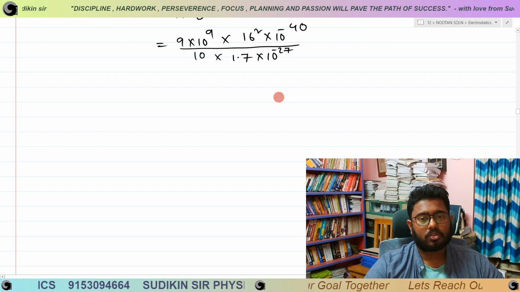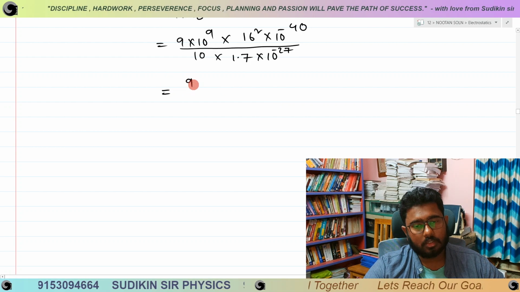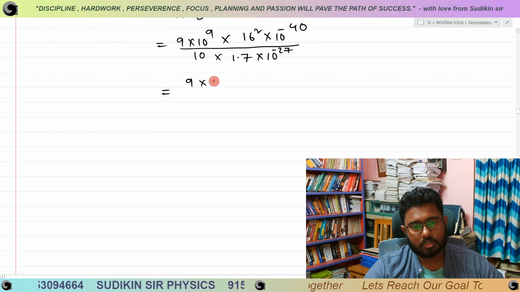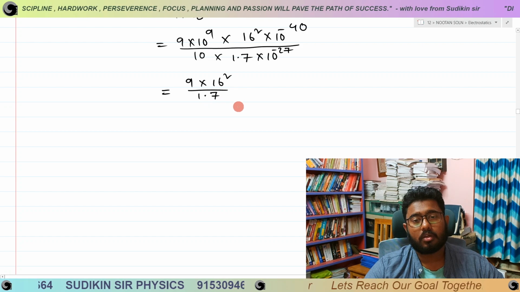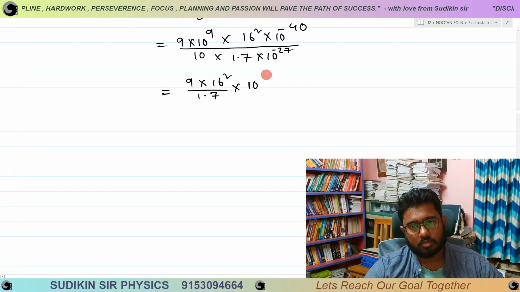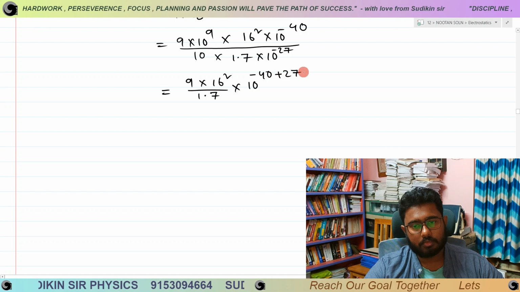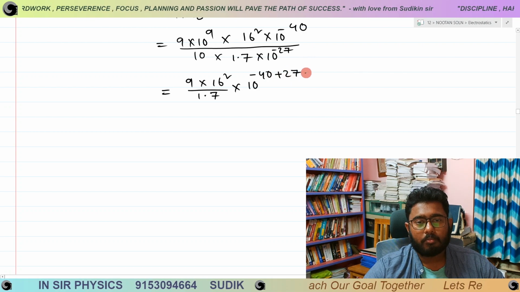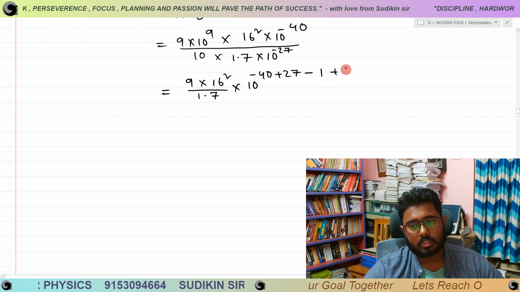Let us do the calculation. That will be 9 into 1.6 square divided by 1.7, into 10 to the power minus 40 plus 27 minus 1 plus 9.